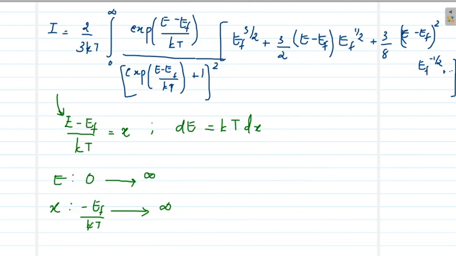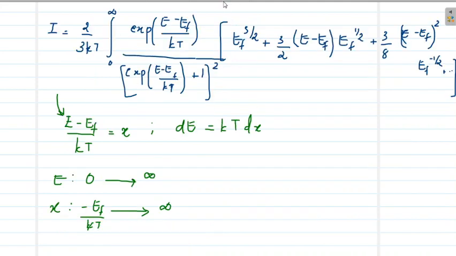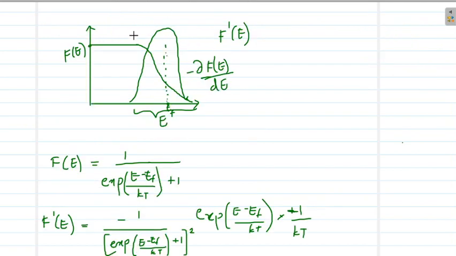And this f dash of e, as I have already mentioned, has values only within a range around EF. So even if we integrate from minus EF by kt up to infinity, or if we integrate from minus infinity to infinity, the value will not change, because minus dou f by dou e is a function having value only around one small particular range.